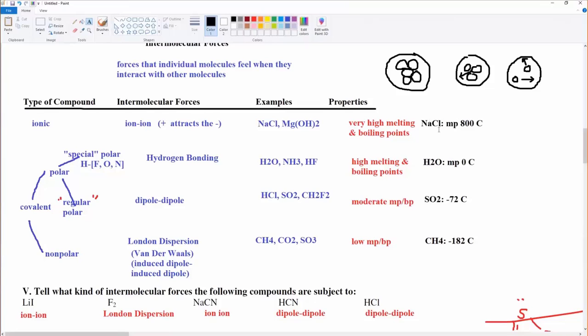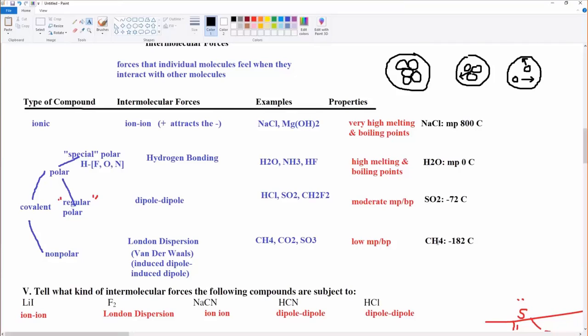You can say, oh yes, well these are ions, they're very attracted to one another. That's why you can't get it to just melt, right? And this one has hydrogen bonding, so insofar as all of your covalent compounds, it's going to have a much higher melting point than something which is just dipole-dipole. You can see how there's really a significant difference between what I call the special polar category of hydrogen bonding and this quote-unquote regular polar category of dipole-dipole.